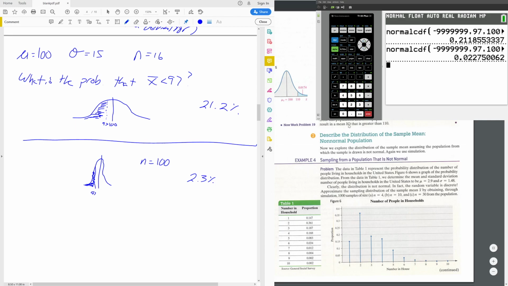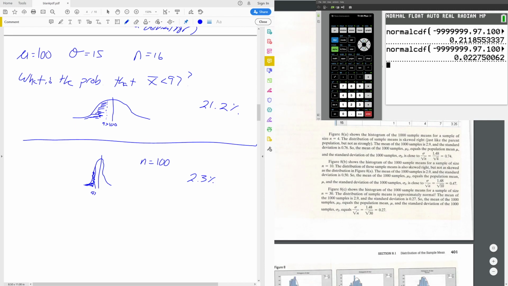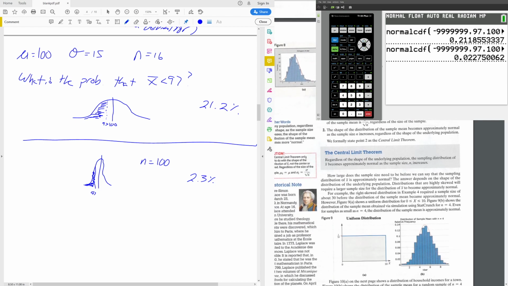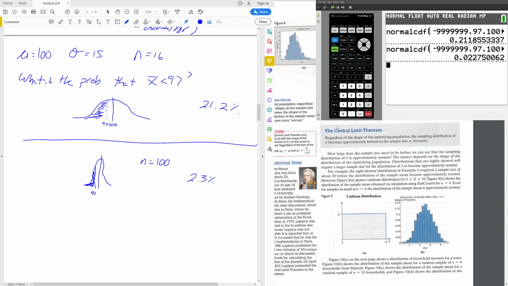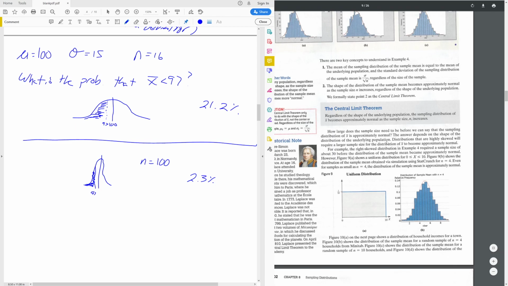And really, the book goes into simulations and using technology to do hundreds of simulations at a time, but we don't have that technology. We're not going to do that right now. Here is the central limit theorem as well.